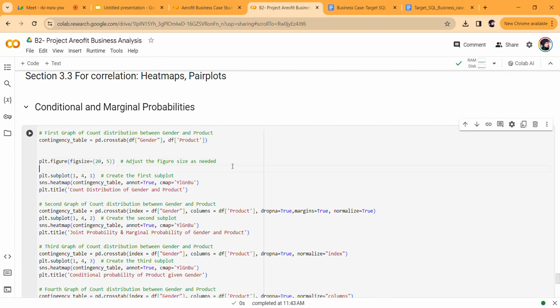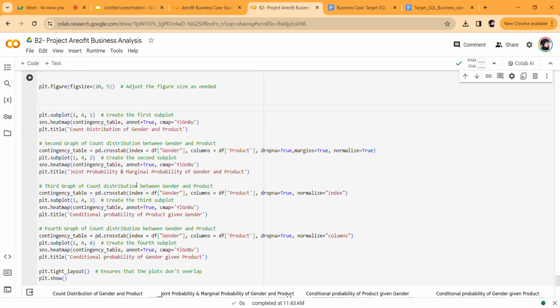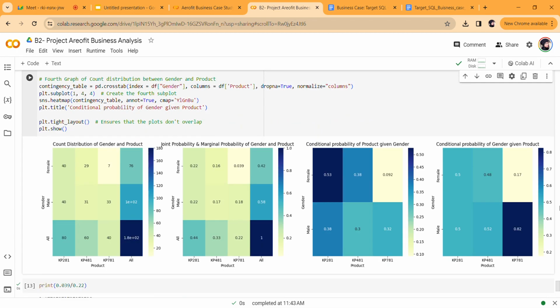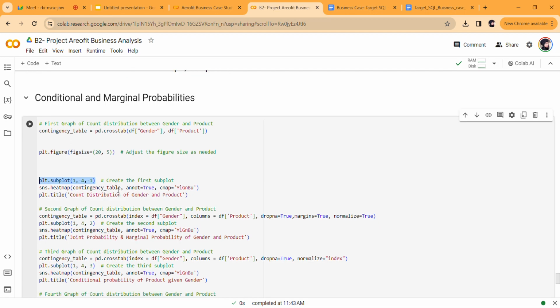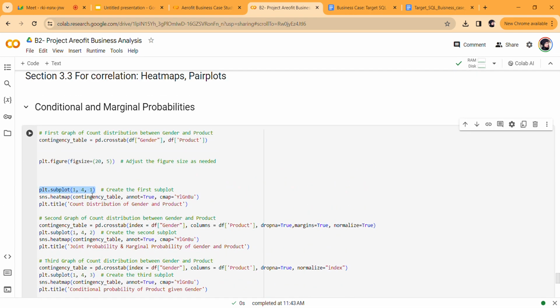You are defining the size of the white space that we are going to use. This figsize is 20 by 5, so the width is 20 and the height is 5. We are dividing this space into one row and four columns, and now I am using the first one.